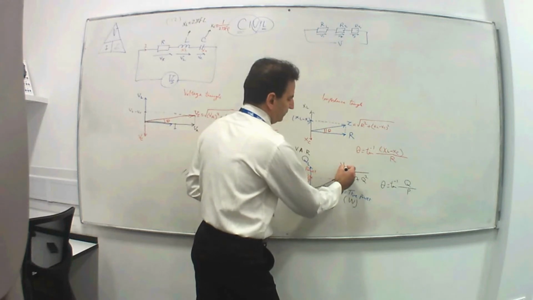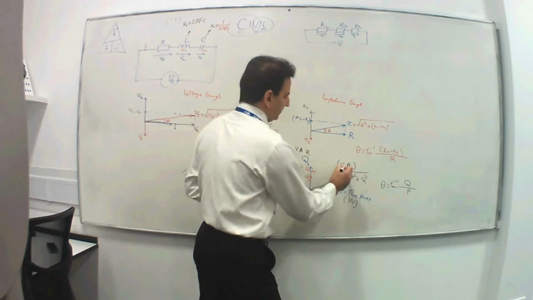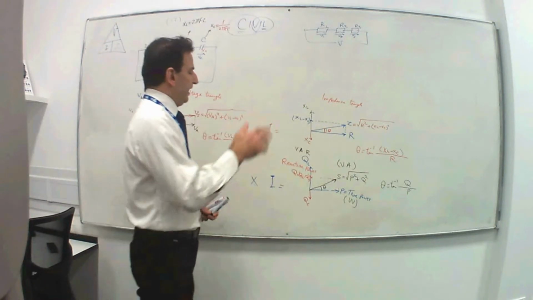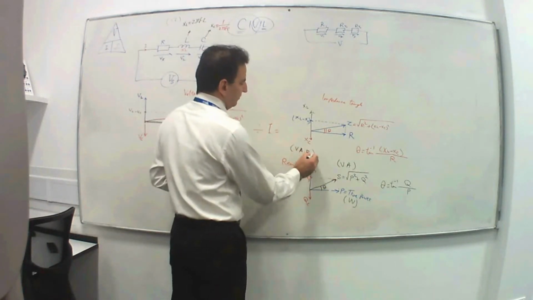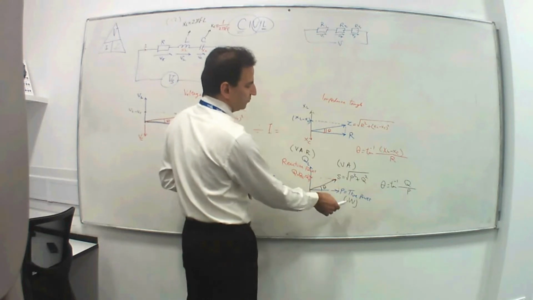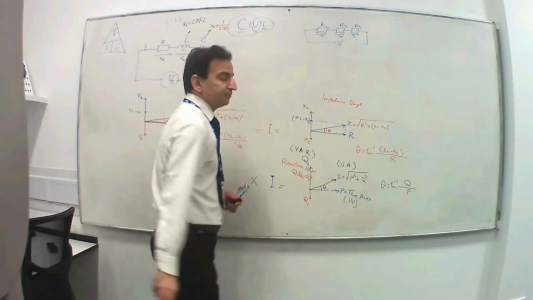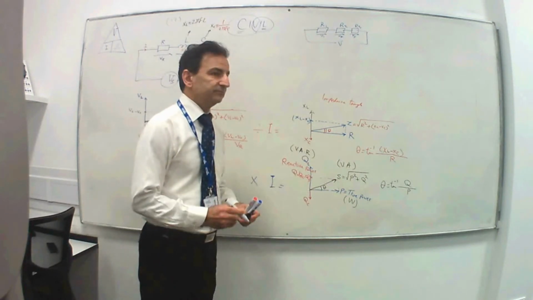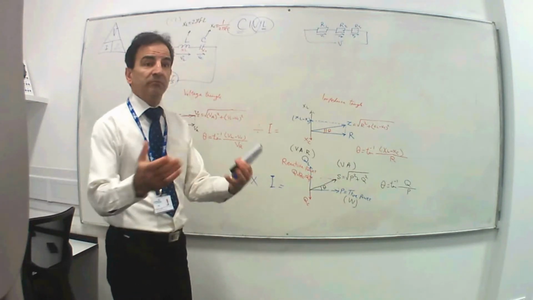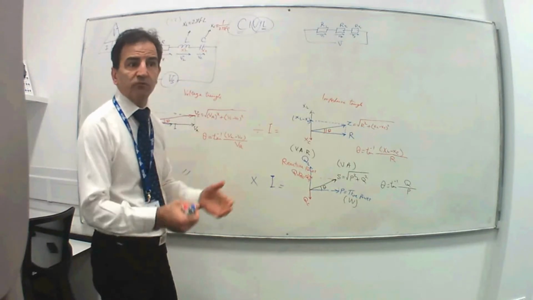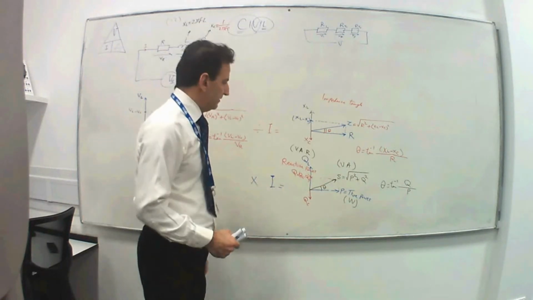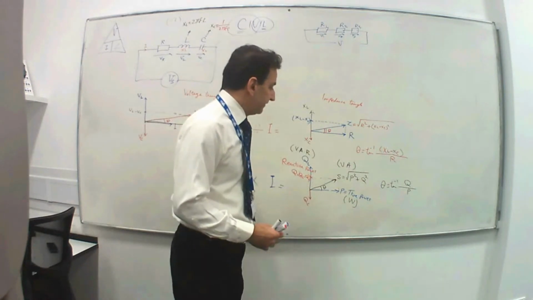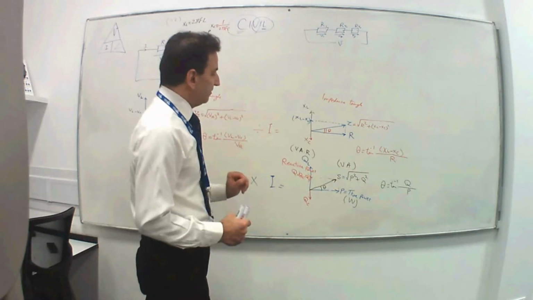So the unit for reactive power is volt amp reactive, for true power is watts, and for apparent power is volt amp. It can be multiples of it, kilovolt amp, usually megavolt amp, kilowatts and all that.